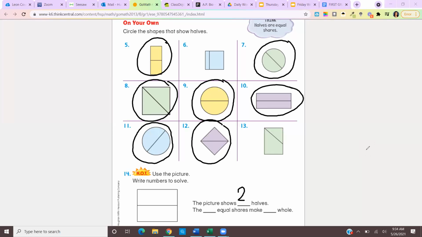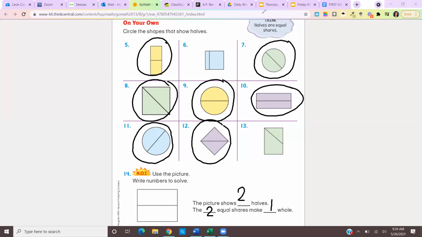So how many equal shares do we see? 2. The 2 equal shares make blank whole. How many whole shapes do you see? 1. So if it's 2 halves, they make a whole. So think about if you have 2 halves of a pizza, you put them together, that makes one whole pizza.